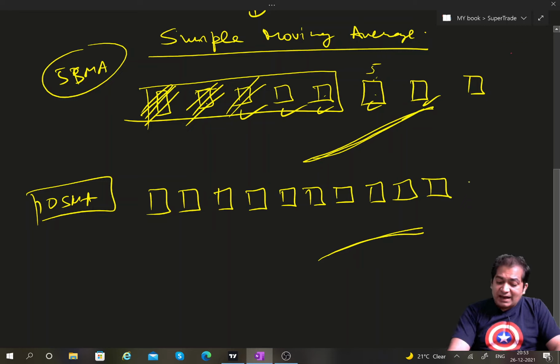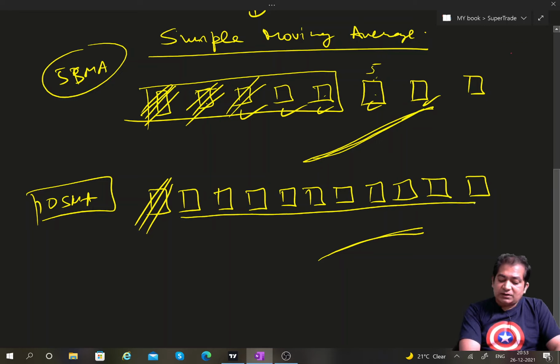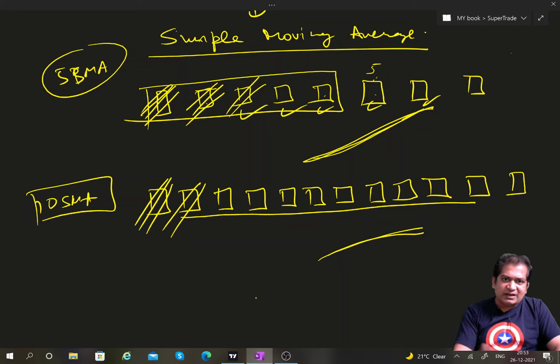Now when the 11th candle is formed, the first candle's value is gone. Now the average will be calculated on 10 candles only, but the new candle will be included. Again, when a new candle is formed, this candle's value is gone, and a new average will be calculated taking into consideration the 10 candles. Likewise, you have the 20-period moving average, 26-period, 50, 100, and 200-period moving average.